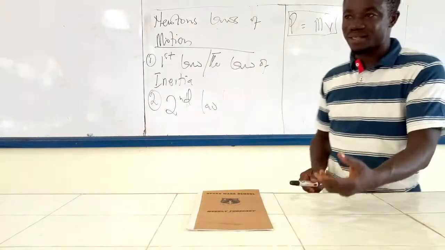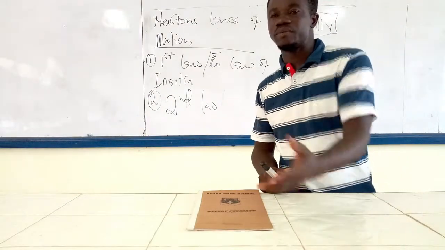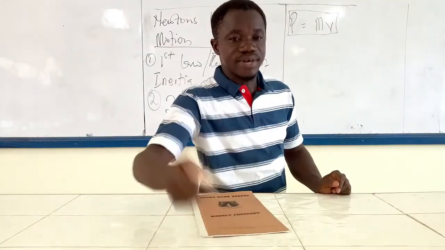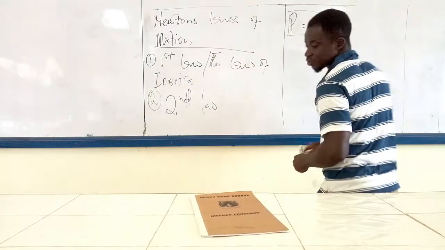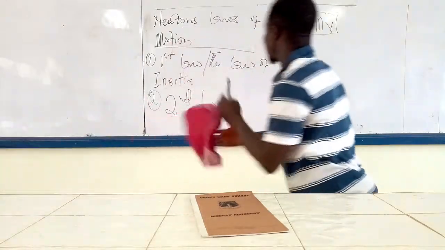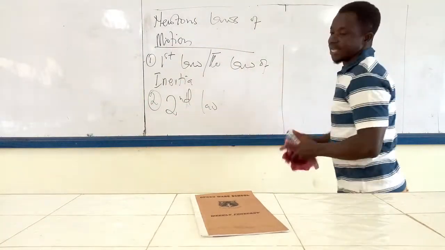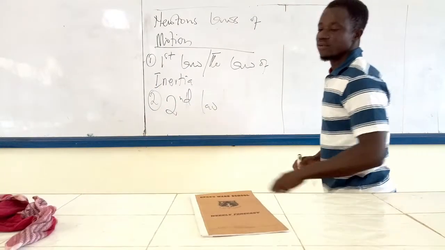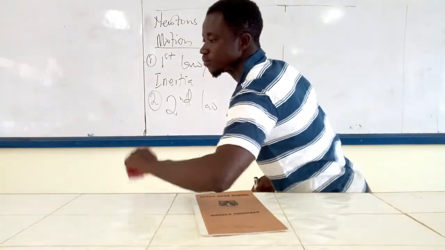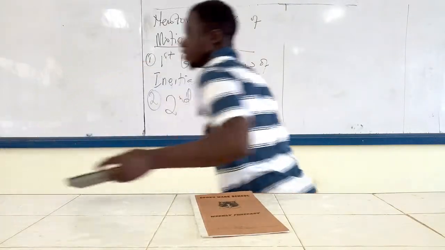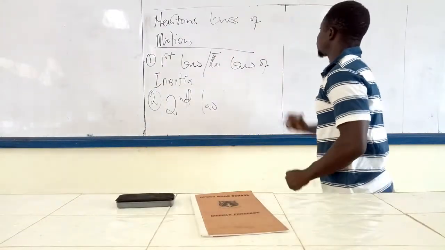Anytime we multiply a mass by the velocity of the body, we get what we call momentum. So the rate of change of momentum, according to Newton's second law, gave rise to the formula for finding the force, or net force.